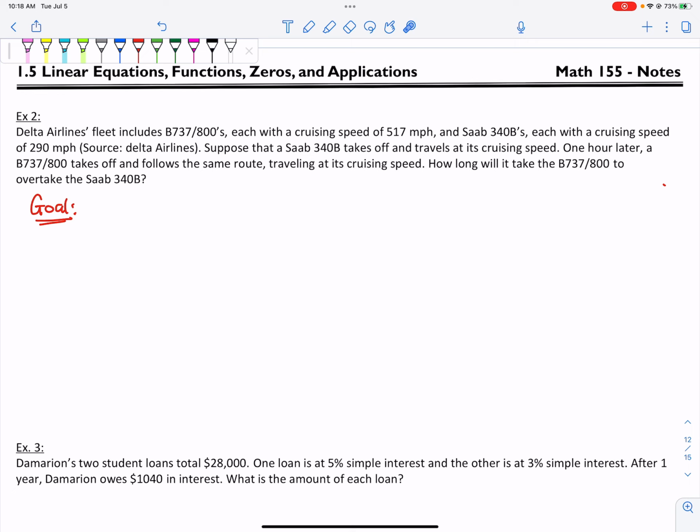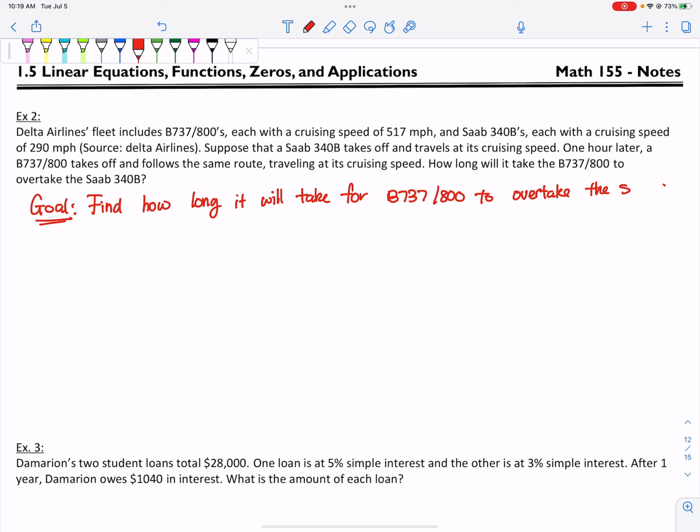Just gonna skim through this, and I notice I'm looking for how long will it take the B737-800 to overtake Saab 340B. So let's jot that down. My goal here is to find how long it will take for B737-800 to overtake the Saab 340B.